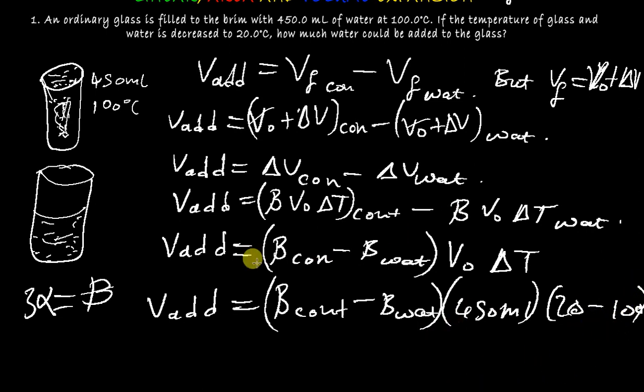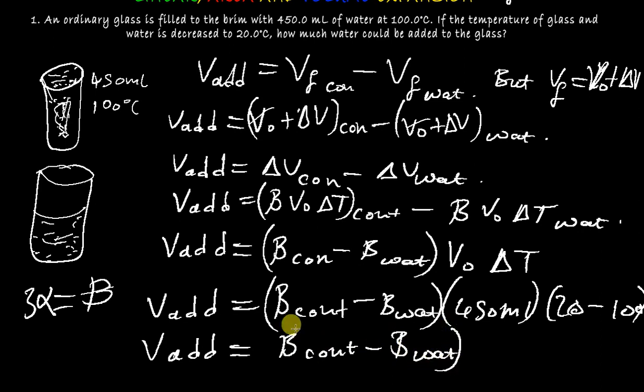So 20 degrees minus 100 degrees, so we expect our volume of water added to be equal to beta of container minus beta for water, and then this is multiplied by 450 mils, multiplied by negative 80.